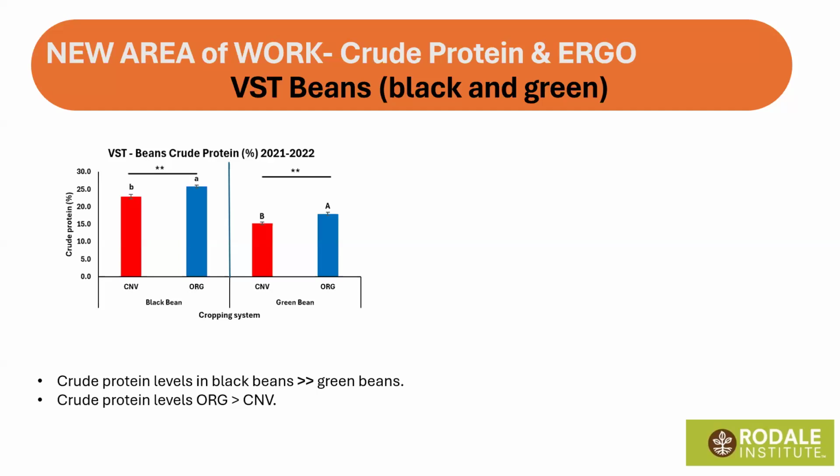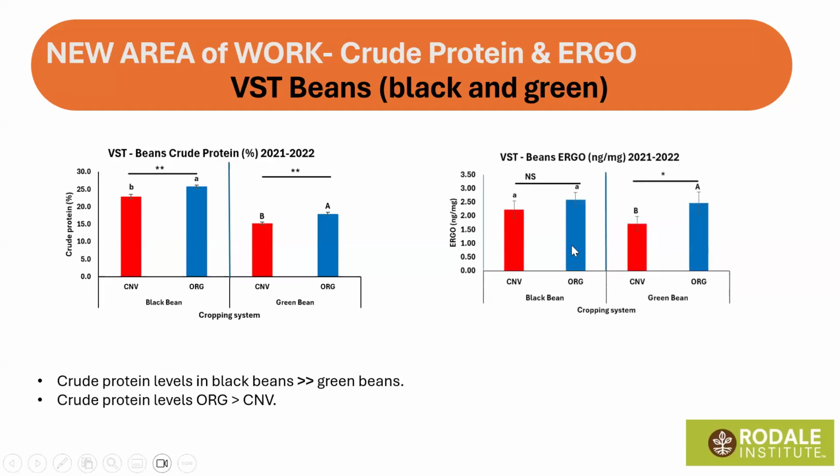But how about ergothioneine? Let's look at ergothioneine. Again, ergothioneine in the black bean was about 2.5, which is a good number for beans to have. Remember, potato was like 0.5. This is 2.5. There was no effect of being organic or conventional. And remember, this is over a 2-year project. When we looked at green bean, it really benefited from having more ergothioneine in the organic than in the conventional.